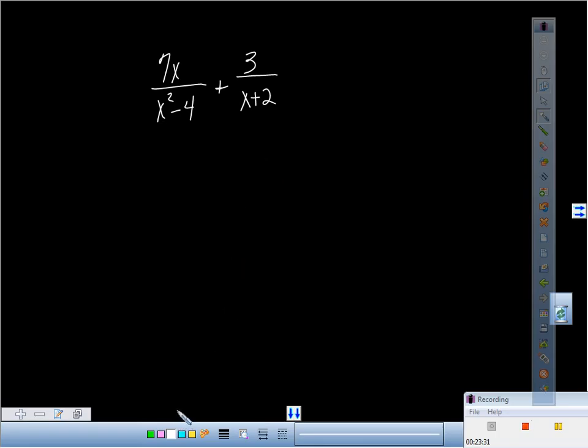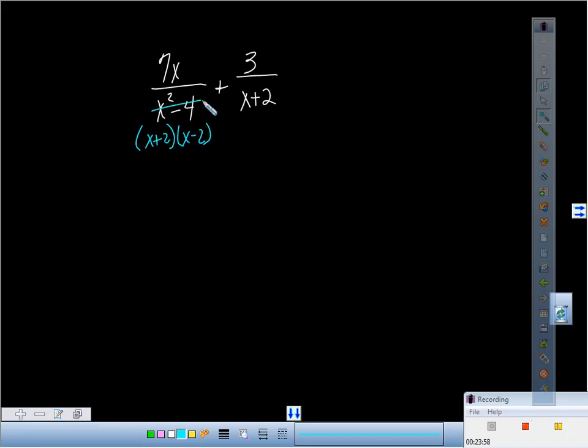What's the first thing you guys are going to do? Yeah, you're going to factor. Most of you are going to look at that and go, whoa, I need to factor that thing. So what does x squared minus 4 factor into? x plus 2, x minus 2.